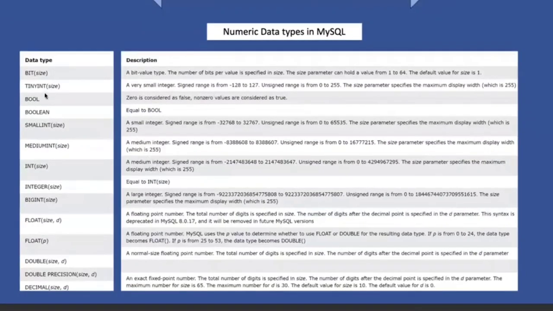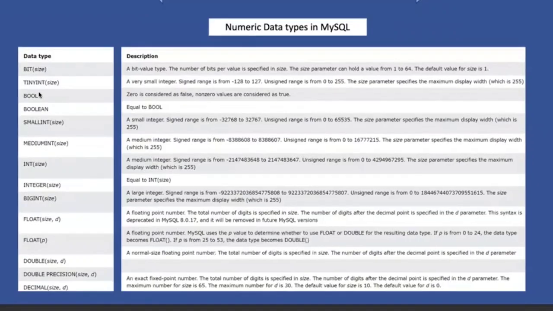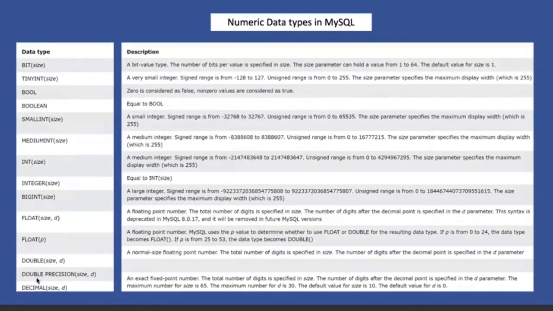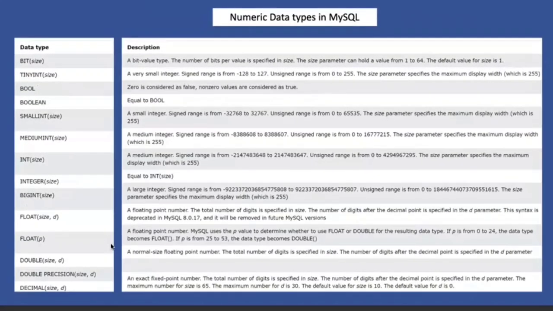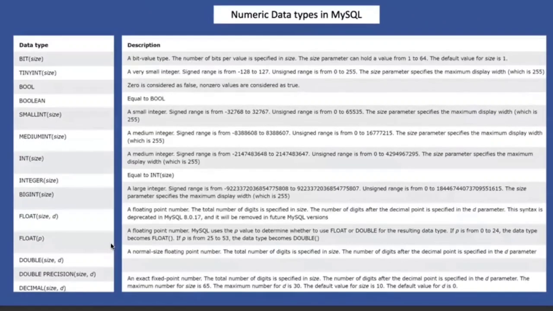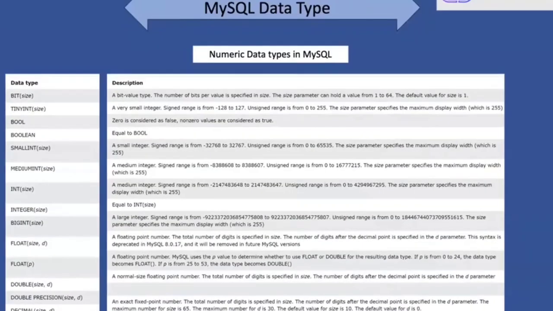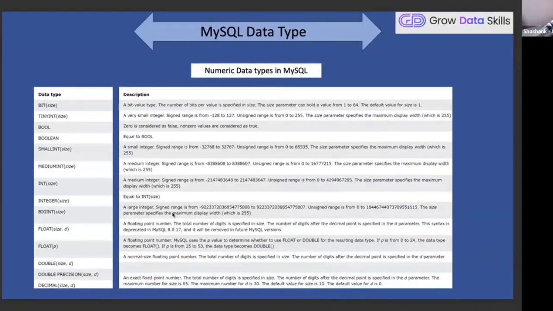If you have a column which stores data in true and false form, then boolean. Similarly integer, float, double, decimal. These are different data types which you will keep on looking at and understanding as soon as we start creating tables and data inside them. So this is the basic part I wanted to tell you.